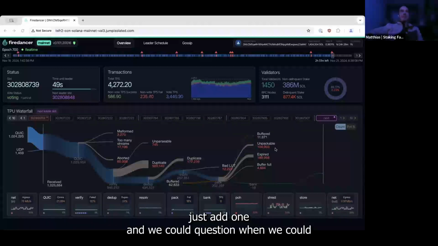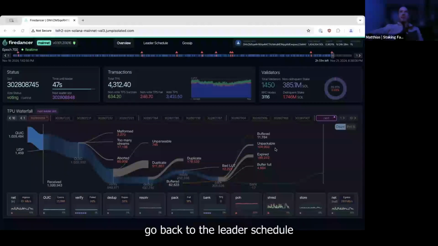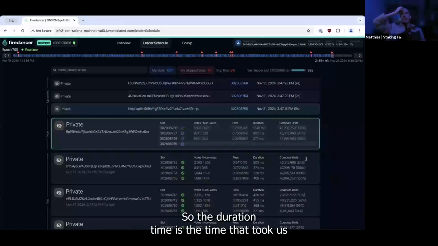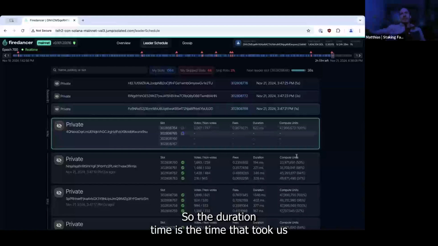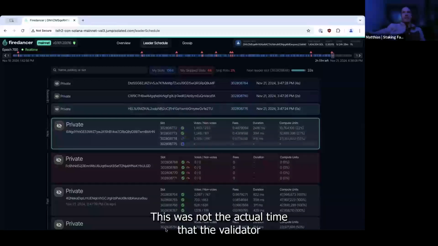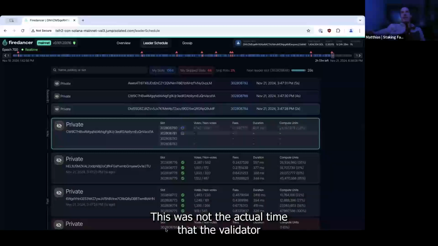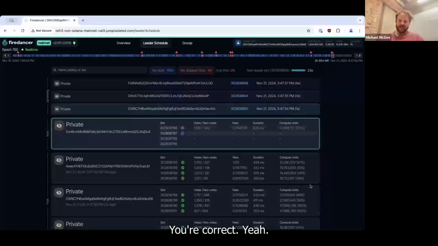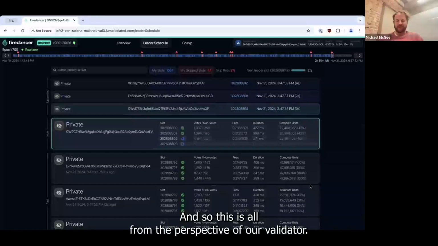Just one real quick question: could we go back to the leader schedule, for the duration times that we see? The duration time is the time that it took us to observe what happened, right? It was not the actual time that the validator took to produce the block, for example. Yeah, you're correct. This is all from the perspective of our validator.